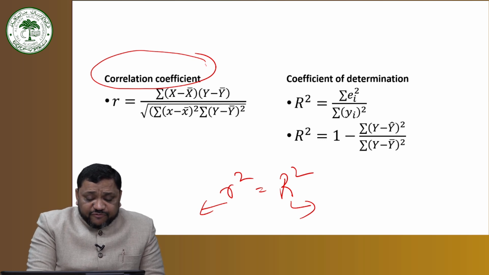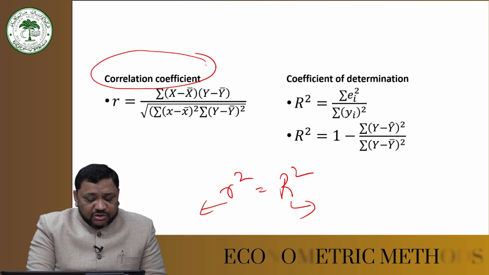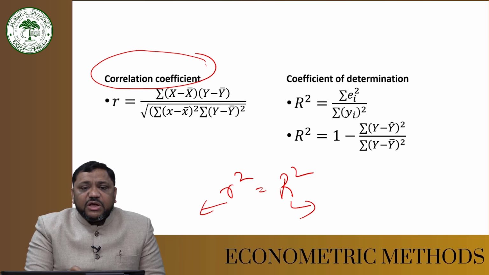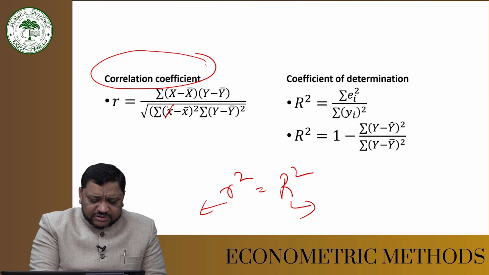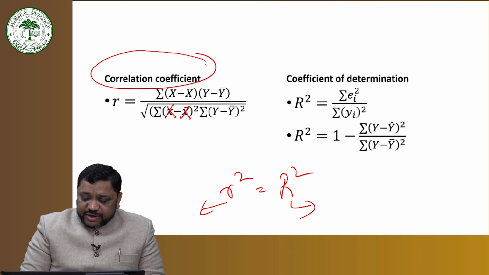Now the formula for r, the Karl-Pearson or correlation coefficient formula, in the capital form, original, no deviation, is summation x minus x bar times y minus y bar divided by the square root of summation x minus x bar square multiplied by summation y minus y bar square.